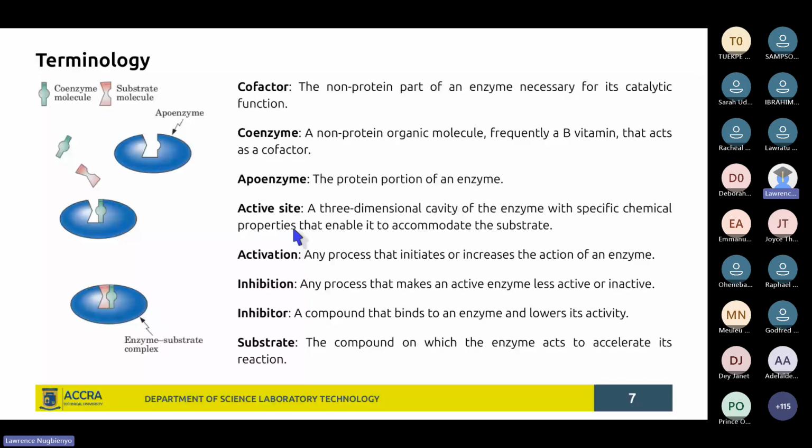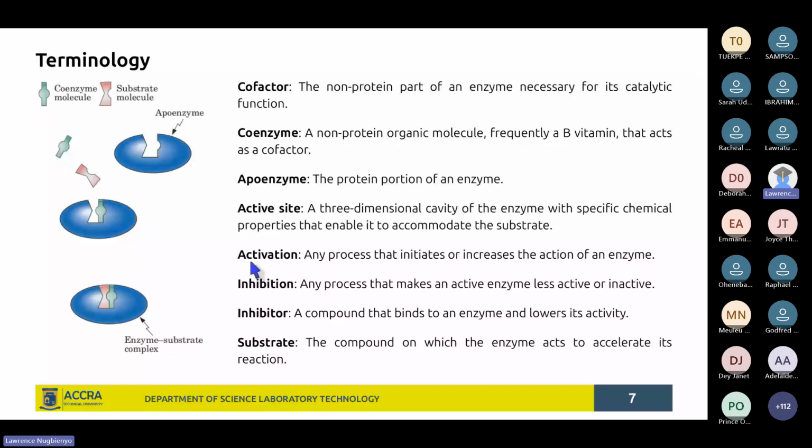Those particular points are what we refer to as the active site. So you see this term also being used, the active site of an enzyme. It's like a pocket, a three-dimensional cavity of the enzyme with some specific amino acids that allow the substrates, the substances that are reacting, to react at that particular portion.